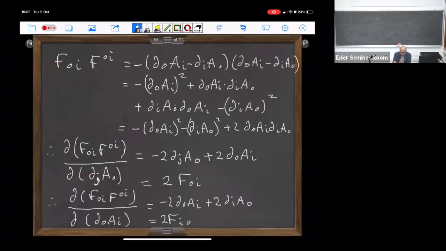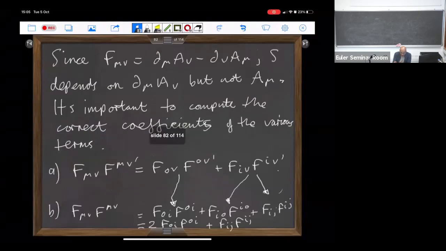We've got these different contributions at the bottom of the slide, and we need to look at these 2 different contributions and do the variation of the Lagrangian for those 2 types of term.